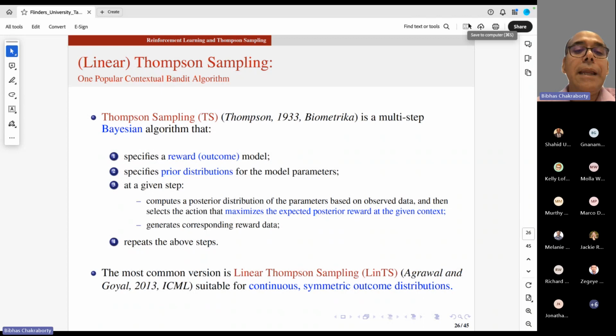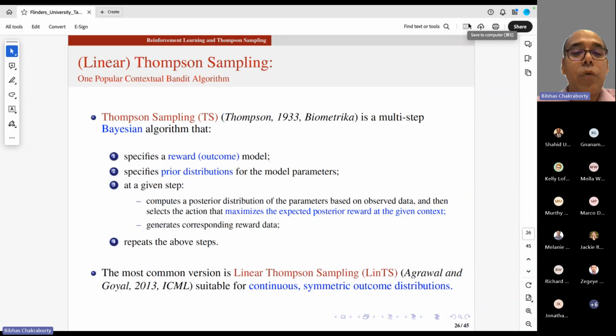Then at any given step, it computes a posterior distribution of the parameters based on observed data, and selects the action that maximizes the expected posterior reward at the given context. Based on that, it generates corresponding reward or outcome data, and then repeats the steps. So this is the overall idea.